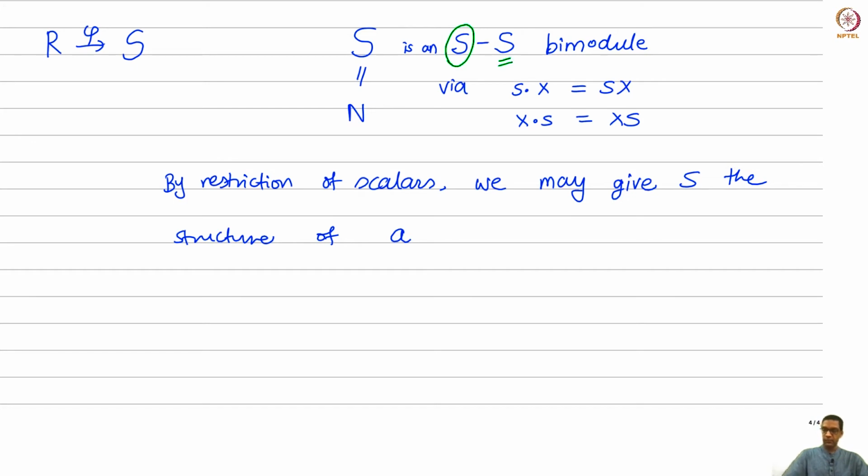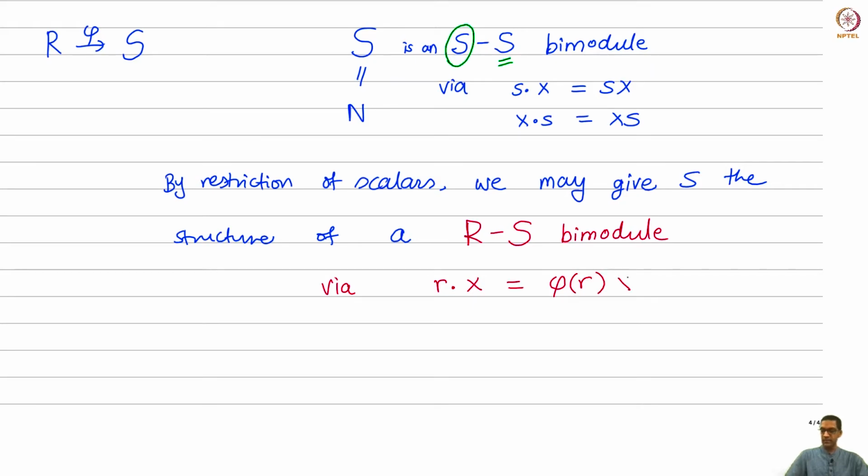And then I'll put back this S. Okay, so here's what I can do. I can make it into a left R module and keep the same S module structure as before. I can make it into an R-S bimodule. Okay, what's the definition? Therefore, how should I make R act on the left? What does restriction of scalars say?